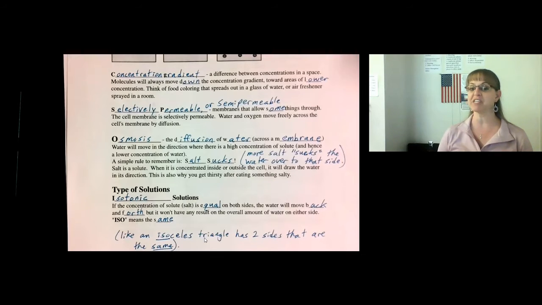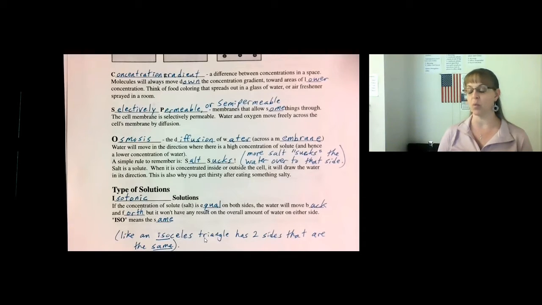But then it must be water molecules. Only water molecules can undergo osmosis. If it's a different molecule, it's just plain diffusion. Then the water molecules must spread out and cross a semi-permeable membrane. Then you finally have osmosis once all three of those criteria are met.